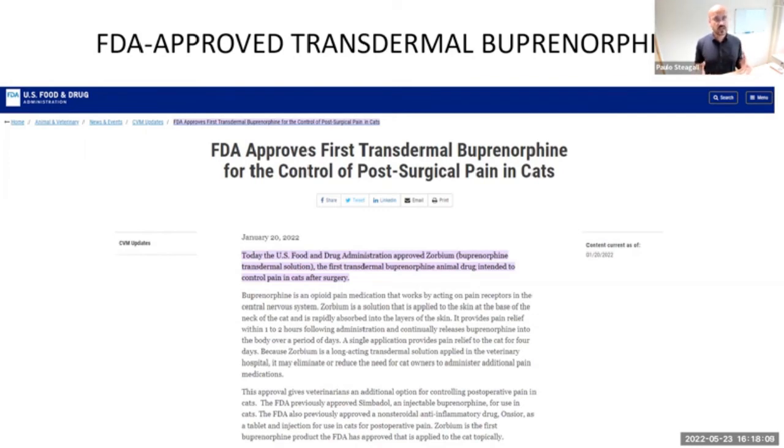So it's very exciting to have a single application of a medication that is going to have a long-acting effect for an opioid. And maybe the labels might look weird, as we know, but this is exciting. This is a step forward that we have more and more options in our arsenal.